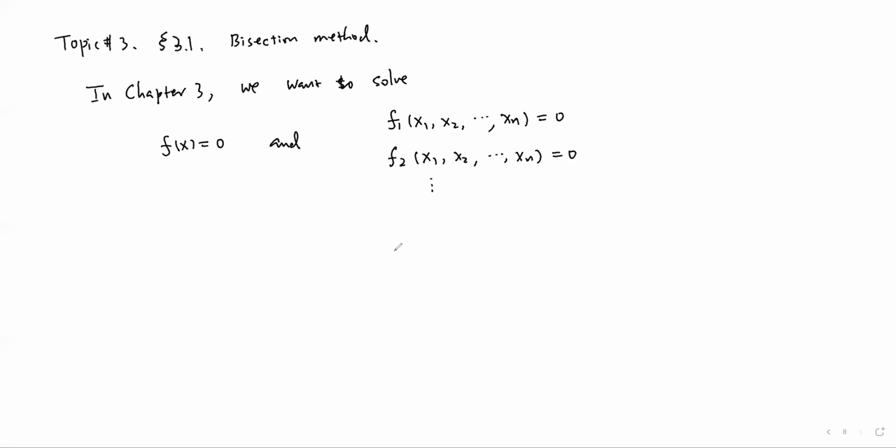How many equations? At least n equations. n equations, n unknowns, we can determine the unknowns. So fn, n equations, n unknowns. This is what we want to do in chapter 3.